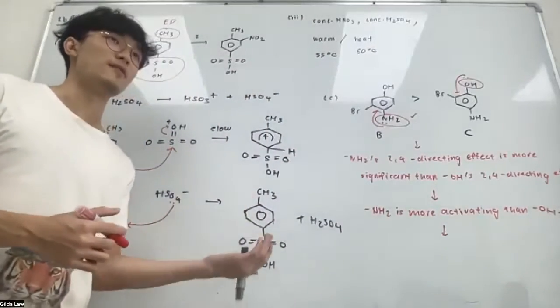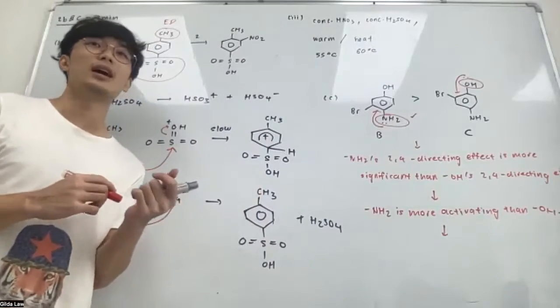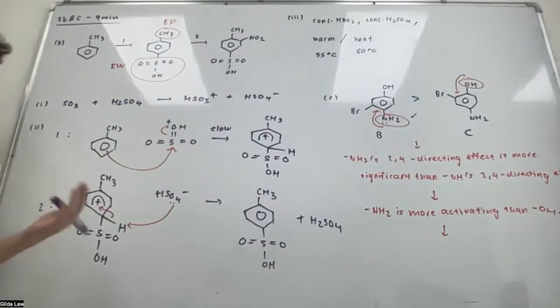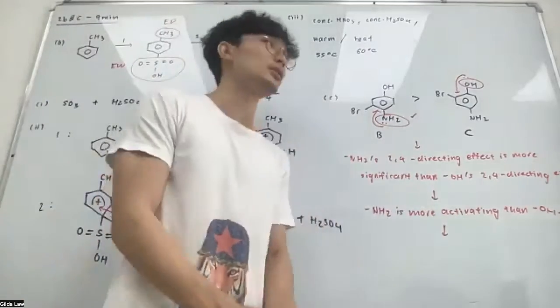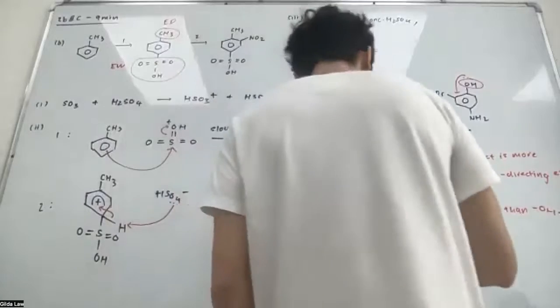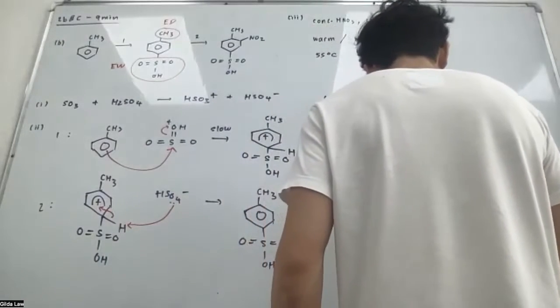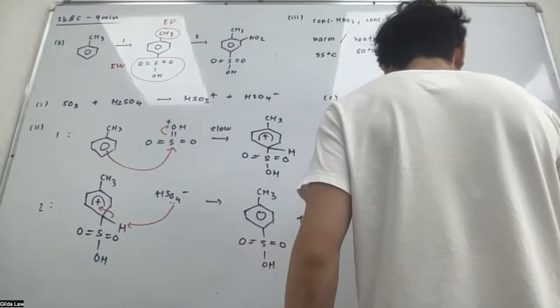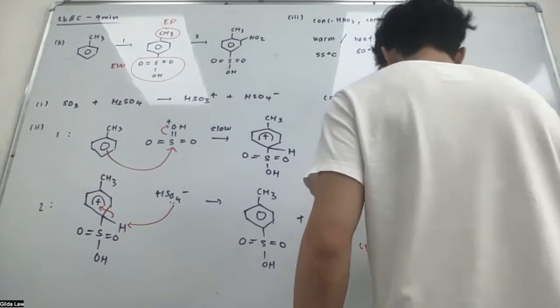If NH2 is more activating, what makes it more activating? It delocalizes more, so NH2 must delocalize more than OH. The lone pair of electrons on nitrogen delocalizes into the benzene ring to a larger extent.